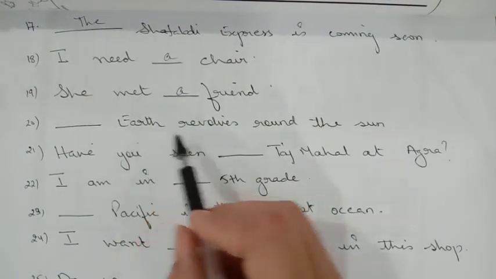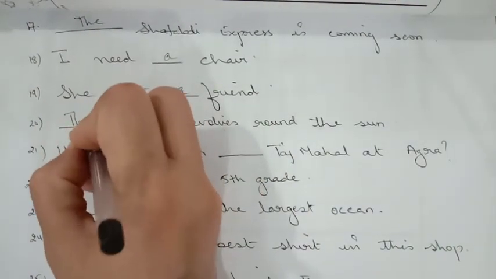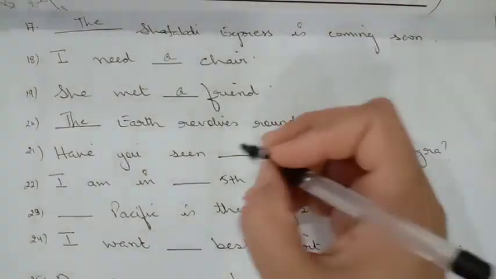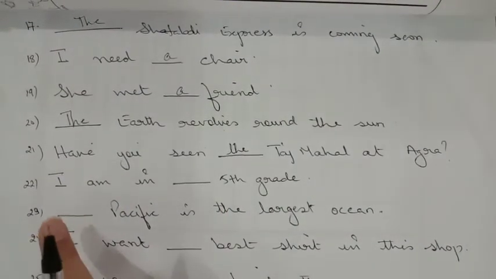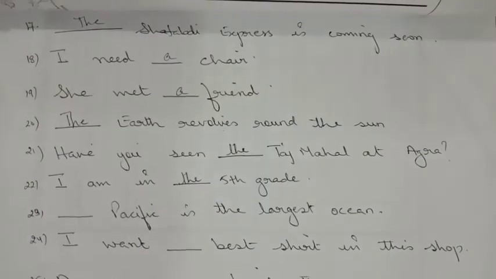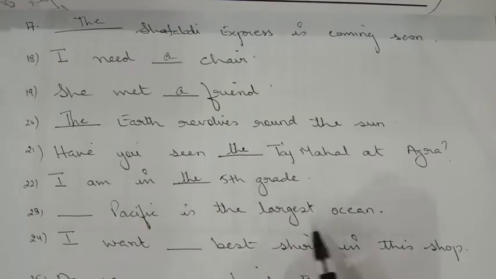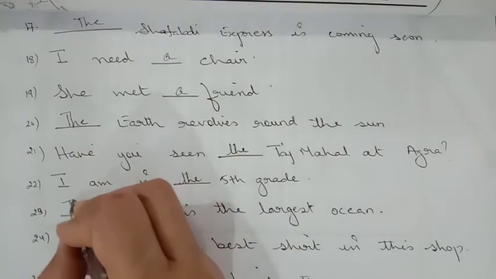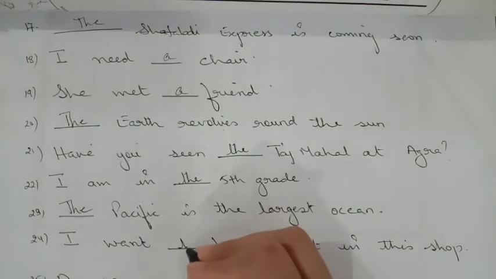The earth revolves around the sun. Unique object. Have you seen the Taj Mahal? I am in the 5th grade. Dash Pacific is the largest ocean, the Pacific. Okay. I want the best, superlative.